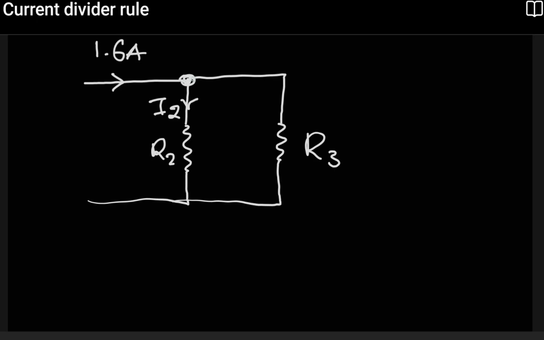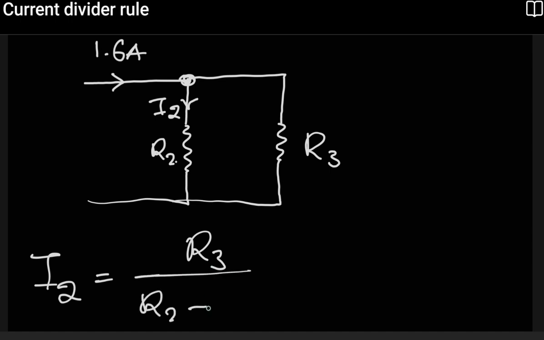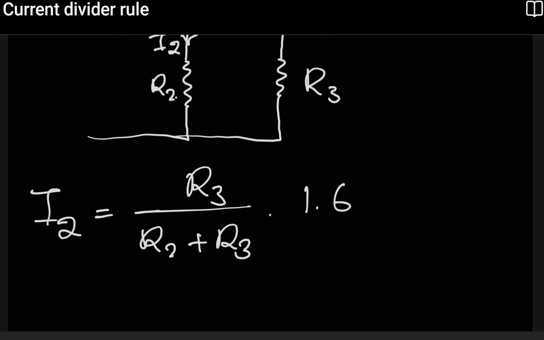So the current entering the junction is 1.6. I2 will be equal to the other resistor. Since I'm finding I2, the other resistor is R3. So it will be R3 divided by the sum R2 plus R3, multiplying the current entering that junction, the current the two are actually receiving, which is 1.6 amps.